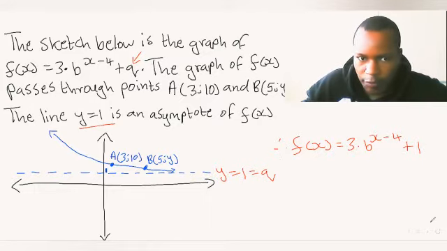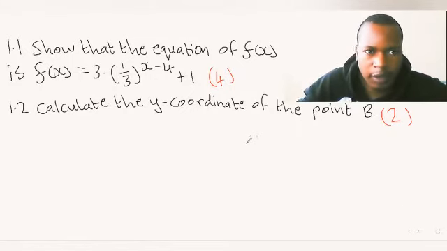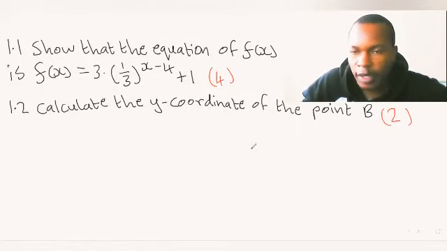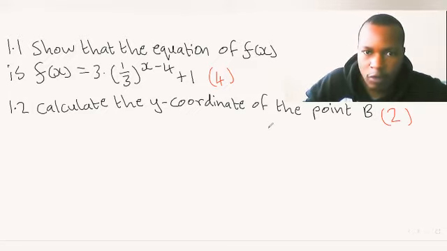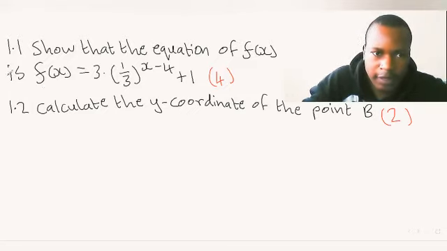So now I want us to just move on to the questions. So 1.1 wants us to show that the equation of f of x is f of x equals 3 multiplied by 1 divided by 3 to the power x minus 4 plus 1. So that would be the equation over there.